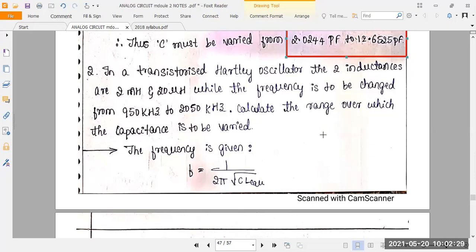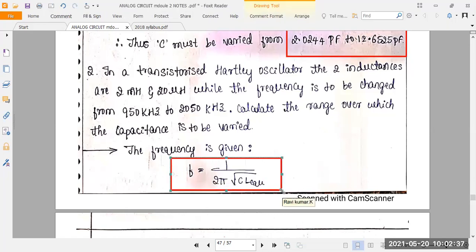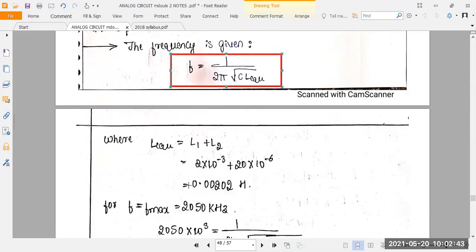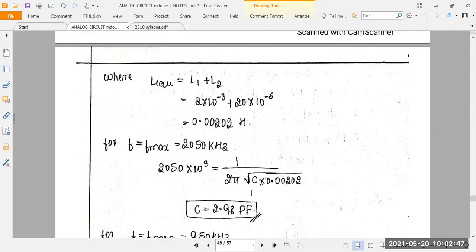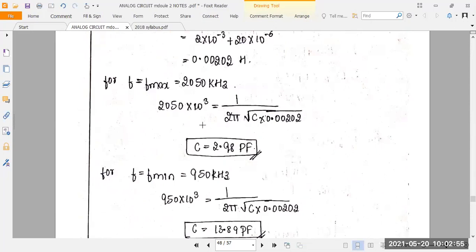The same procedure you have to follow here to find the C value. First take the frequency equation for the Hartley oscillator: f is equal to 1 divided by 2 pi square root of C L equivalent. L equivalent here is 0.00202 Henry. First take the higher frequency, 2050 kilohertz, and then C is 2.98 picofarad.